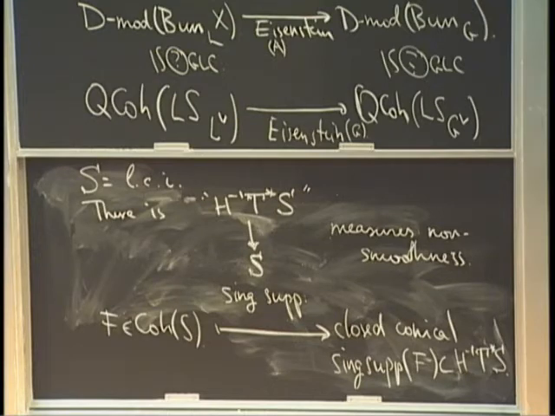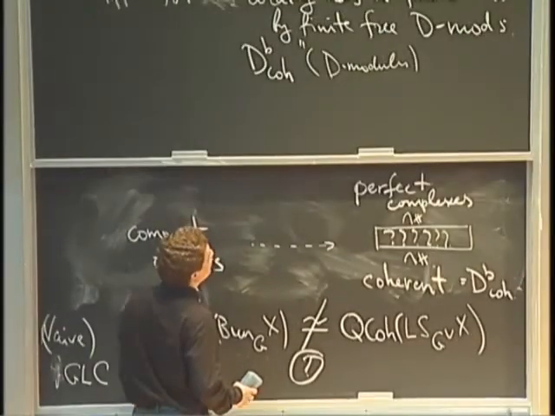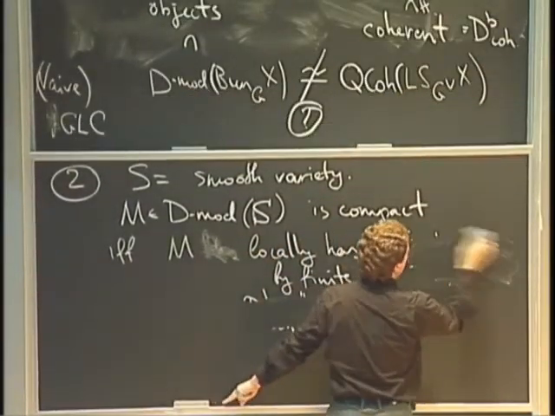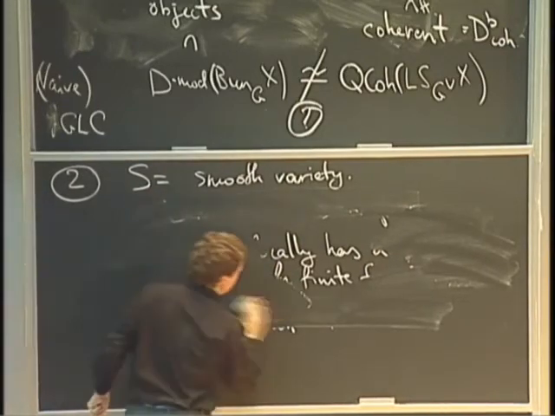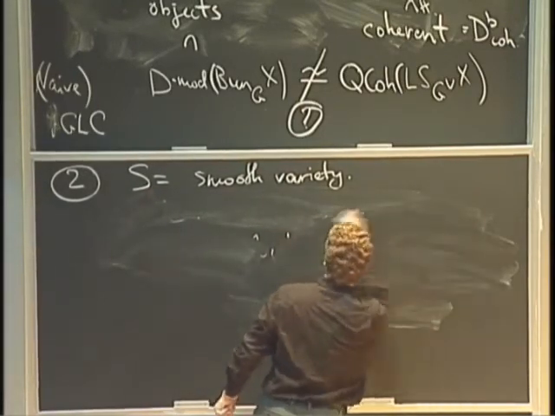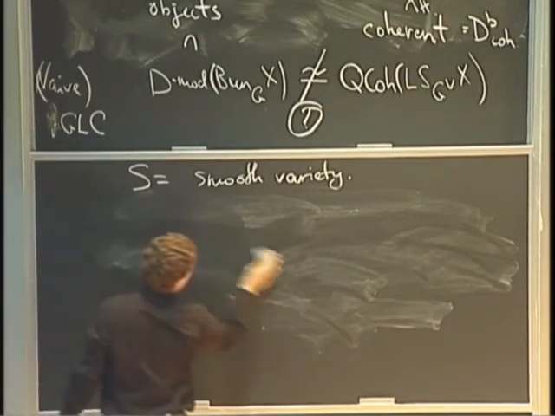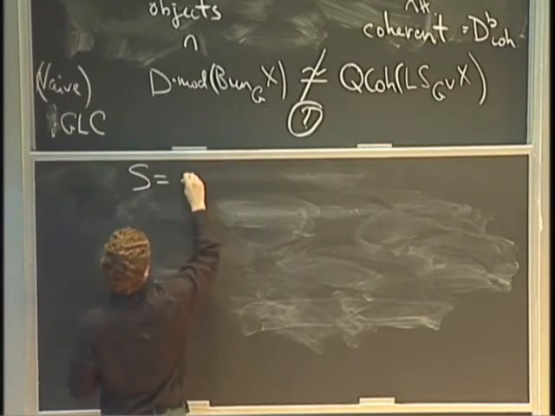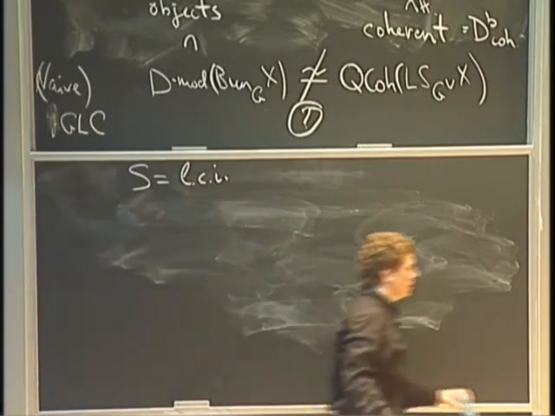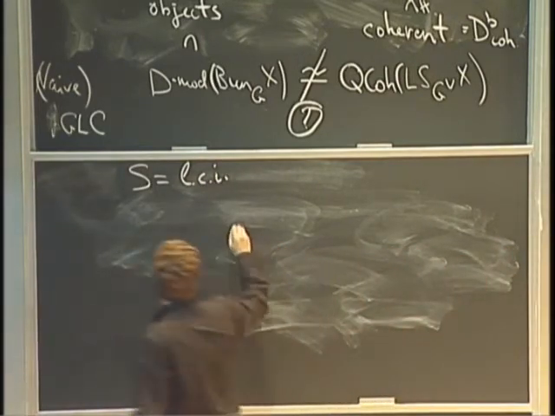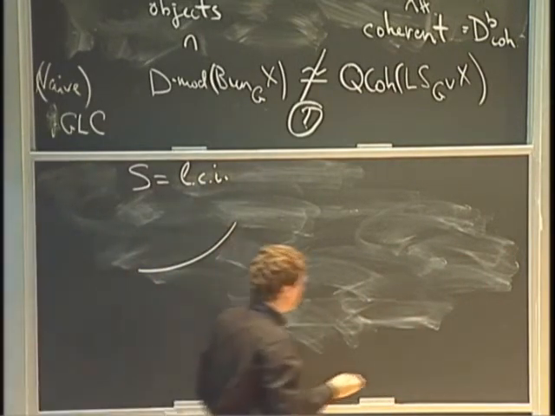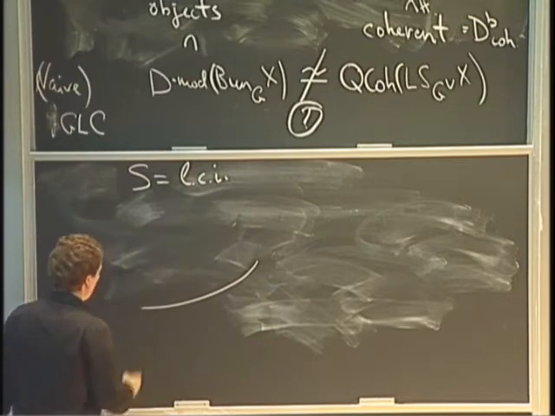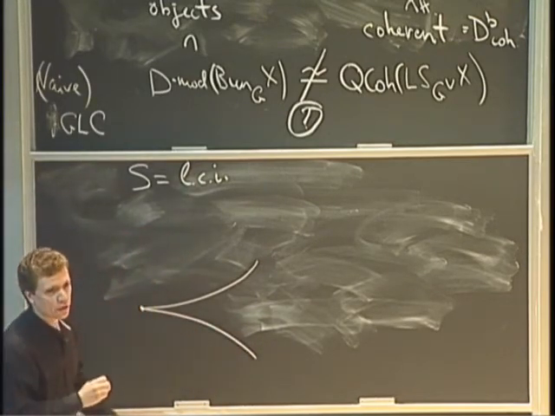So roughly speaking, let me try to draw a cartoon, basically. So the picture is maybe something like this. Suppose S is now a local complete intersection. It's maybe smooth almost everywhere, and then there are some points where it's singular.